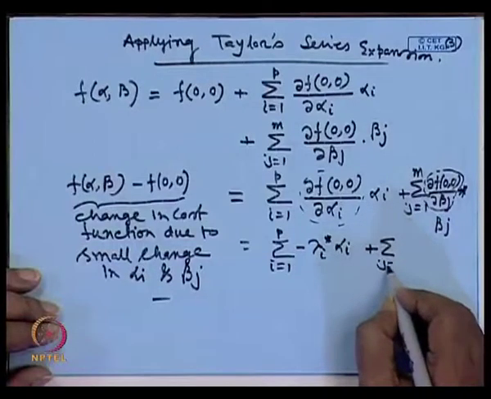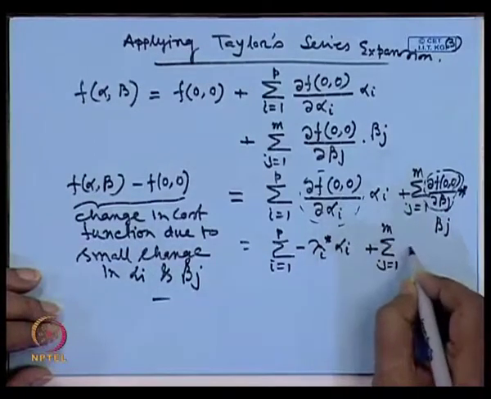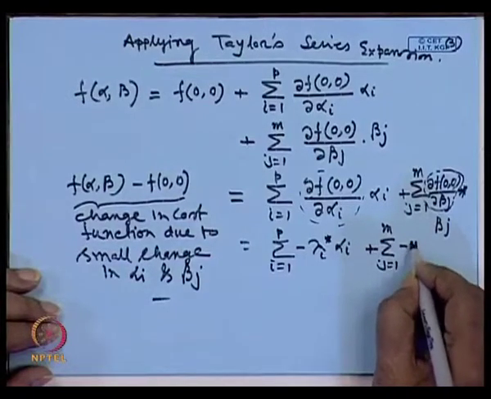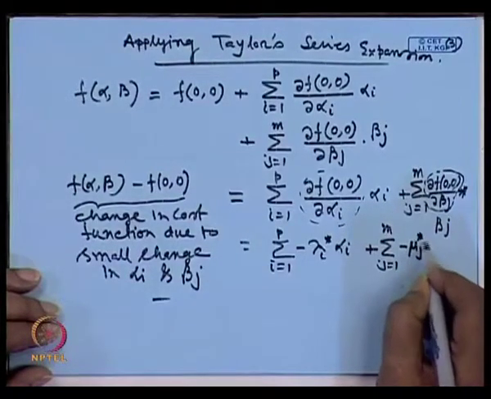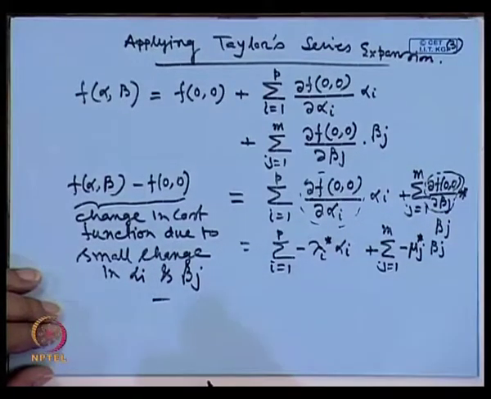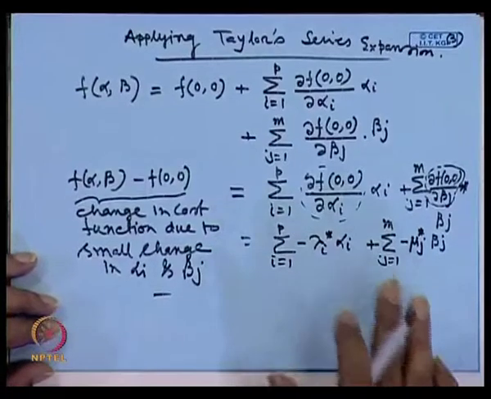I will explain how it is coming, mu j star into beta j. Agree? Let us see how it is coming.